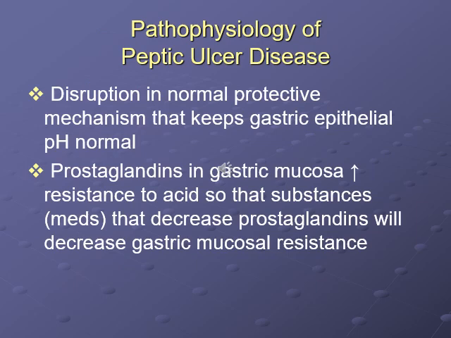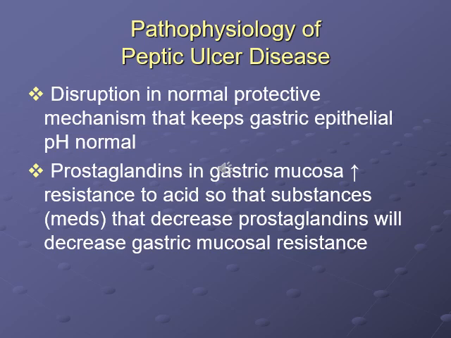I think it's important just to review the pathophysiology of peptic ulcer disease. So there is a disruption in the normal protective mechanism that keeps the gastric epithelial pH normal. And in particular, the second bullet is hopefully helping you make the association regarding NSAIDs and aspirin products. So prostaglandins increase resistance to acid.